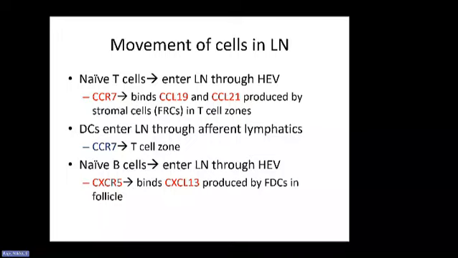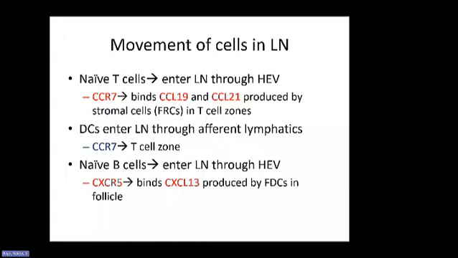This CXCL13 is produced by FDCs in the follicle, so naive B cells get attracted and know where to go when they enter the lymph node. They go to the B cell zone. So again, FDCs in the follicle are important, release CXCL13, and attract cells that have CXCR5 on them. FRCs in the T cell zone express CCL19 and CCL21 and attract cells that have CCR7 on them.